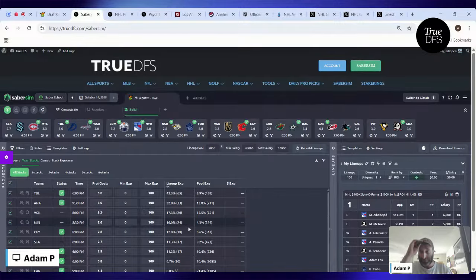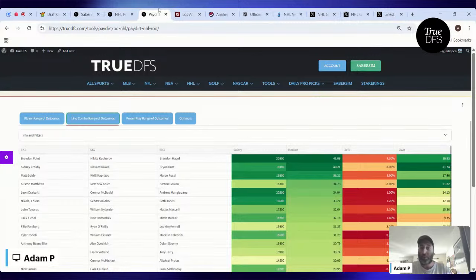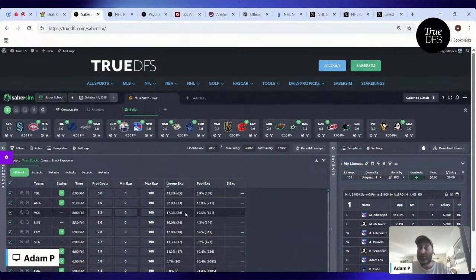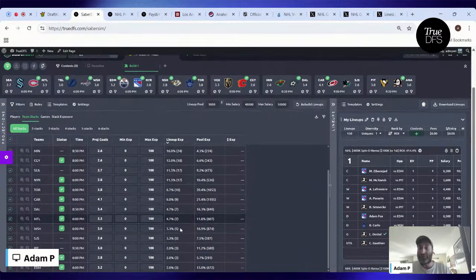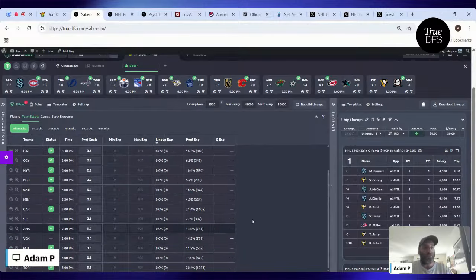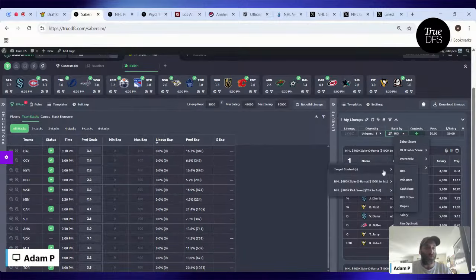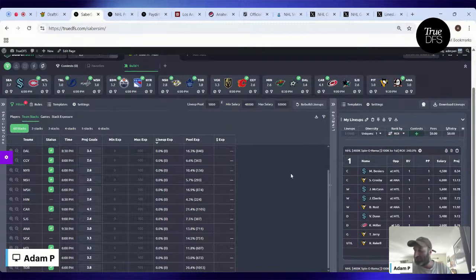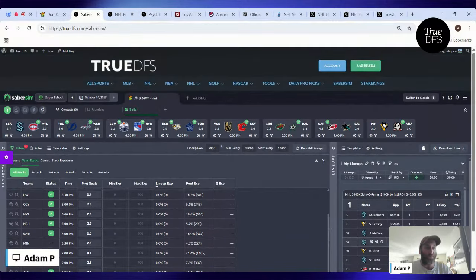A lot of Tampa and Anaheim. Let's see what the Pittsburgh is getting. Not a lot of Pittsburgh here. 3 in our top 150 ROI. And this is the 150 ROI for the 100K, right? For a 1,000-man field. Let's see. We'll take a look in a second for the flagship.